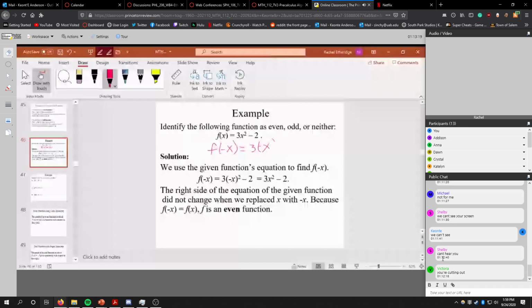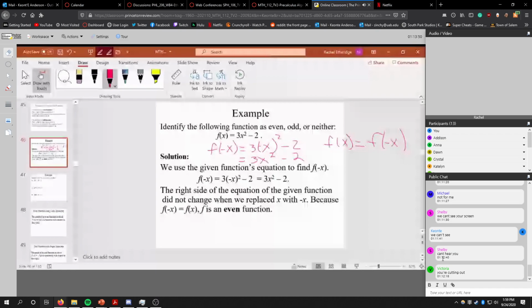You got to use a parentheses because order of operations says I need to do that exponent first, which is going to make that a positive x squared. So I end up with the same function. So that means that f of x is the same as f of negative x. So you get the same function whether you put in an x or a negative x.